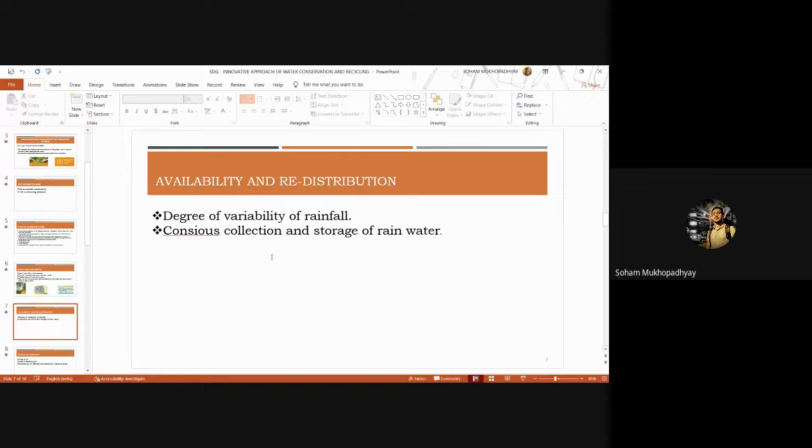The main difficulty associated with water resource planning and management is due to the inherent degree of variability associated with the rainfall. Therefore, rainwater harvesting during the rainy season and subsequent use in the lean period can substantially reduce the risk associated with activities requiring water.